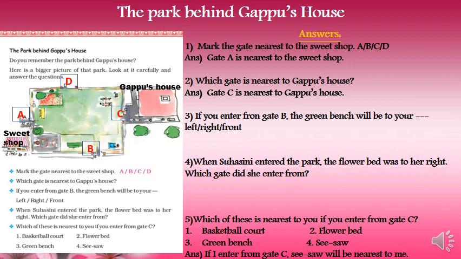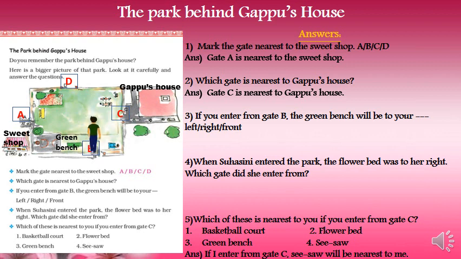If you enter from gate B, the green bench will be on your left, right, or front? Where is the green bench? Here is the green bench. If you enter from gate B, that green bench is on which side? Very good. Your left side.